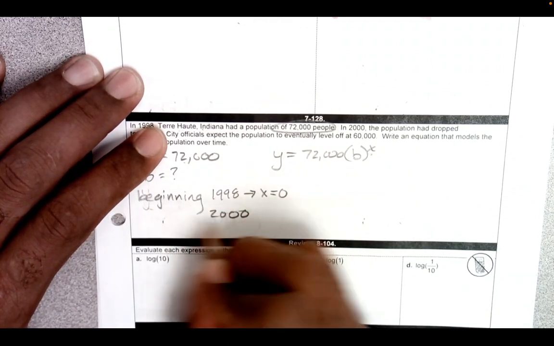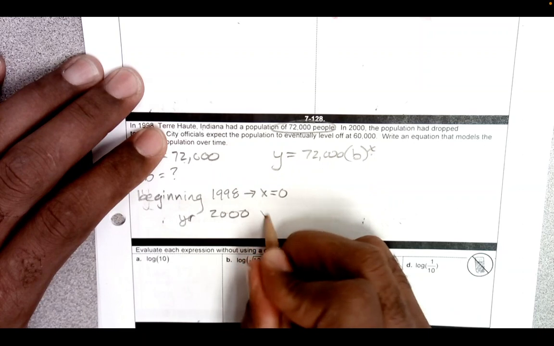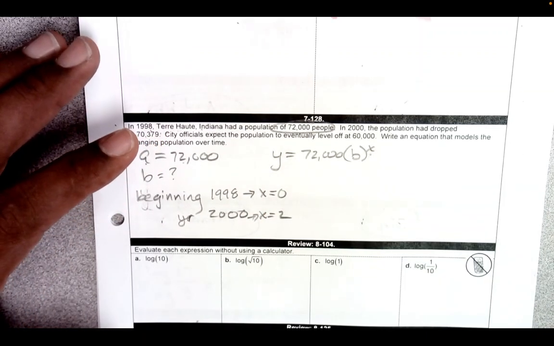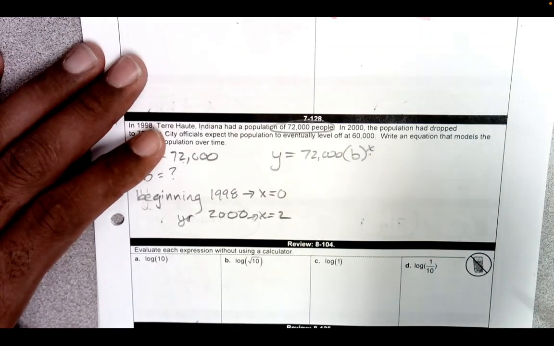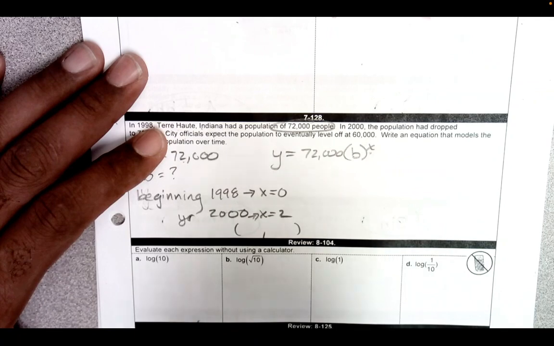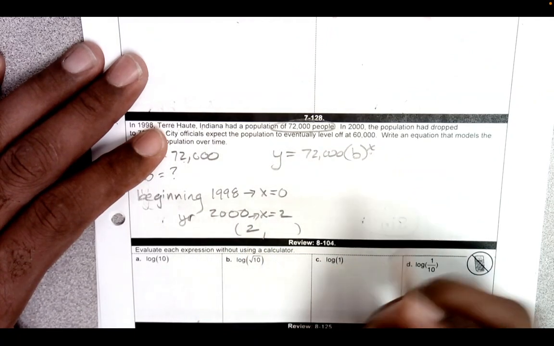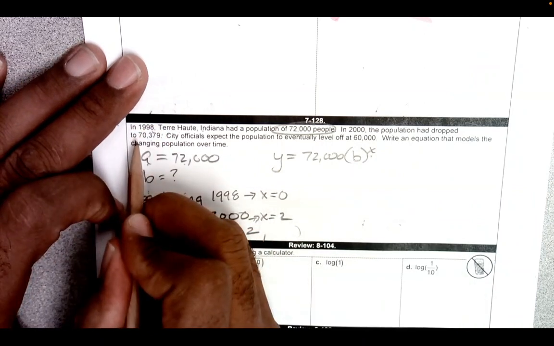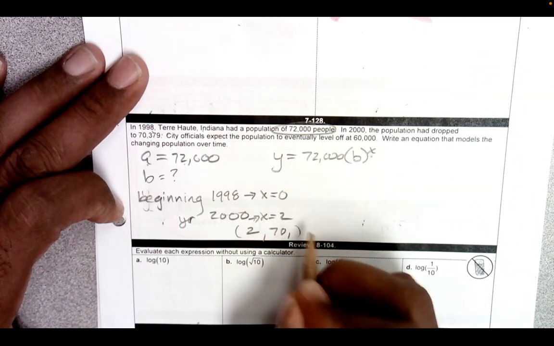2000 would then be what? 2, because that's 2 years later. So that is what I'm going to plug in. That means the X value is 2. In 2 years, what's the population? The 70,000.